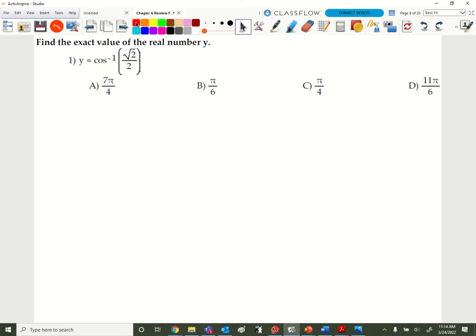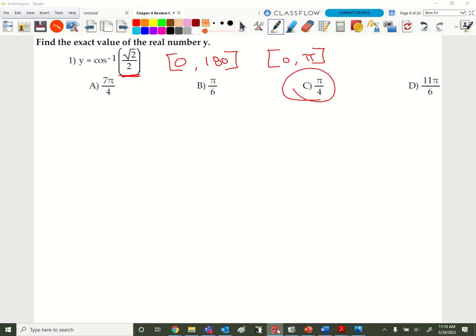I know everyone is freaking out because I'm not showing you how to do this very well, because you have your unit circle, and you could just find it on the unit circle, and cosine is between 0 and 180. Or in this case, it's going to be between 0 and pi for my intervals. So it's the top of my unit circle, and it's asking where your x value is going to be positive rad 2 over 2.